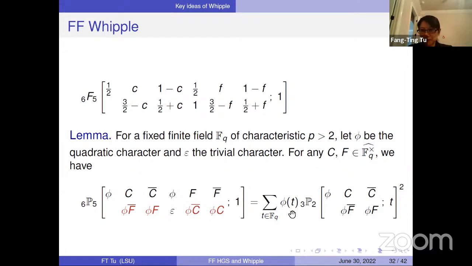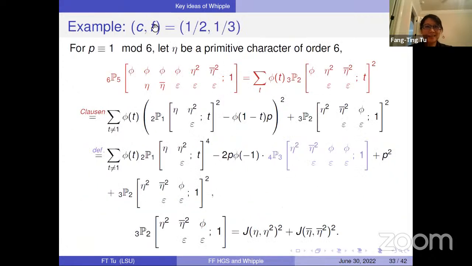Still we don't see a 4F3 here, but why this is useful is because we can use the finite field version of a Clausen formula to break this 3F2. Then we get a square of 2F1. Then from there we can create a 4F3. So back to our example, again we let c, f be 1/2 and 1/3.